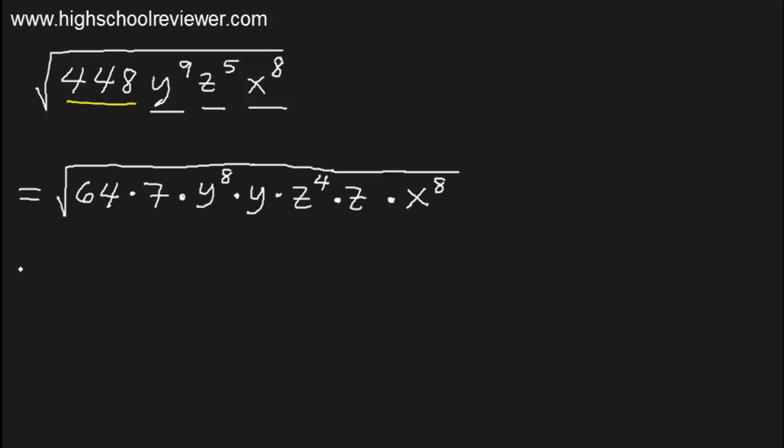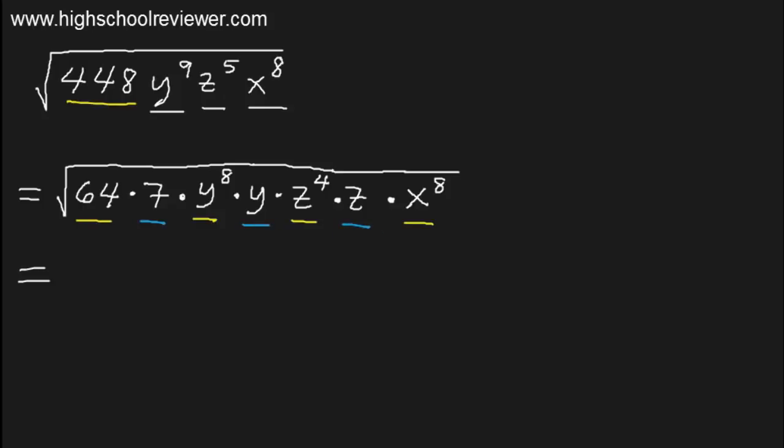So our next step, we are going to separate those that are not perfect squares. 64 is a perfect square, y raised to 8, z raised to 4, and x raised to 8. Those that are not perfect squares, we have 7, y, and z.